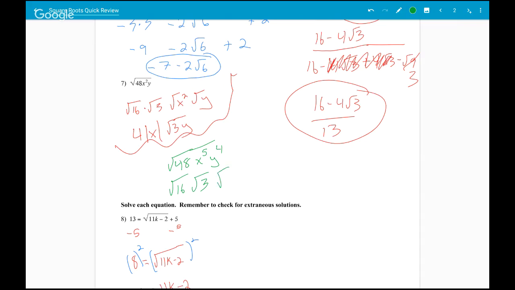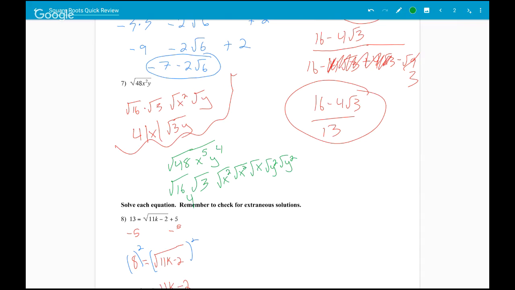But what I could do for x to the 5th is I could break it up into x squared, x squared, and x. I could break up my y to the 4th into y squared and y squared. Okay, basically every time you're creating one of those squares, you're creating something you can actually take the square root of. Okay, so I'd still get a 4 from my 16.